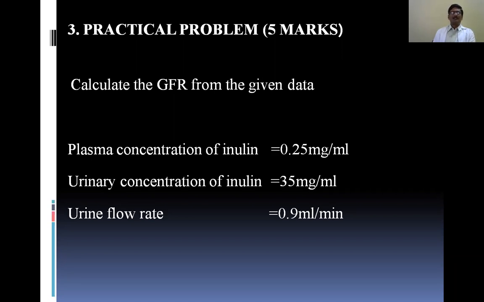That we call the glomerular filtration rate, or GFR, the rate at which plasma is being filtered at the glomeruli of both the kidneys per minute. Normally it is about 125 ml per minute, or 180 liters per day.